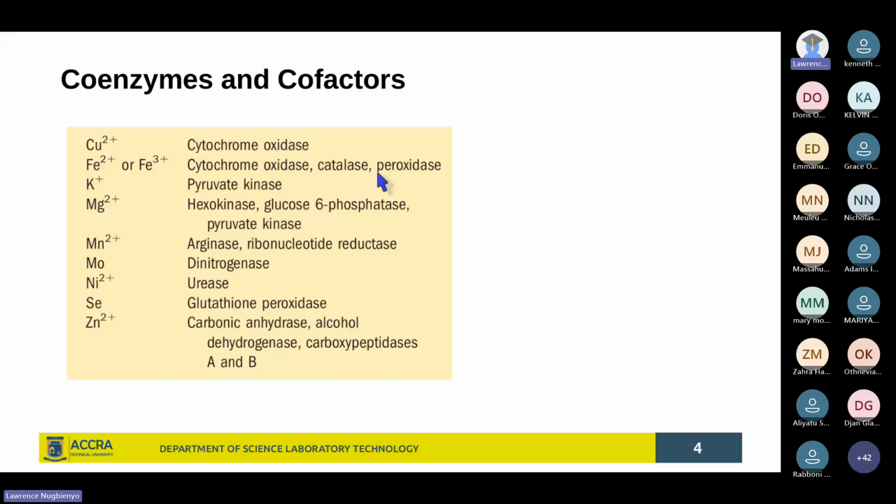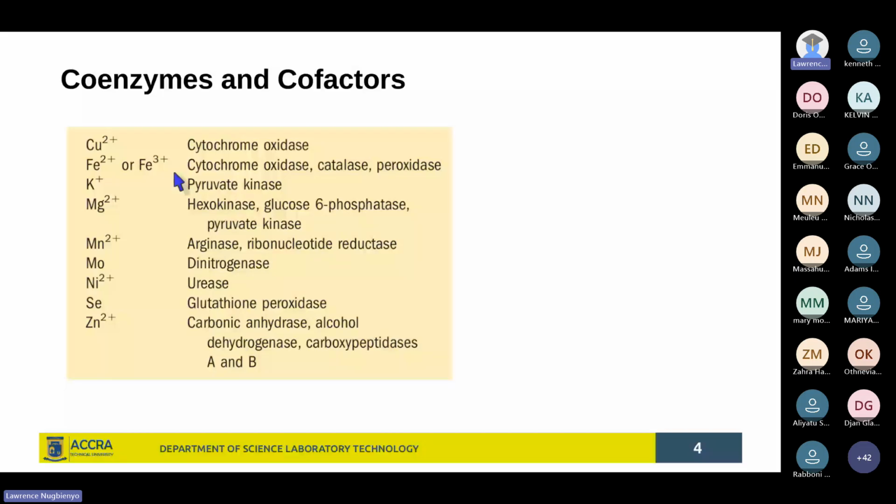Experimentally, if you are doing something in the lab, some analysis that requires that you know which metals are required as cofactors or coenzymes, you can easily refer to the literature and see them. So don't go wanting to memorize these things in any way.